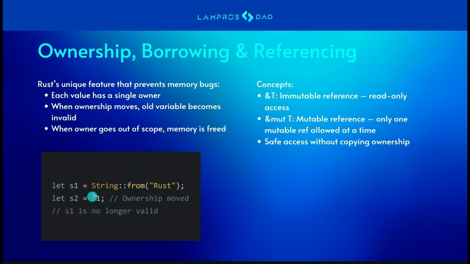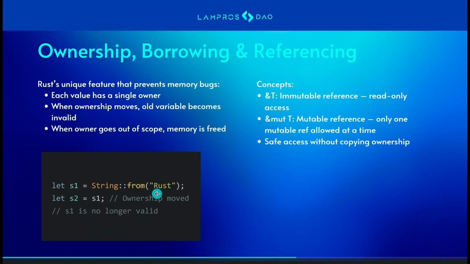So S1 is now freed from memory. S1 is no longer holding the Rust value, and now S2 holds the ownership of this Rust value. This is how the ownership concept works in Rust.